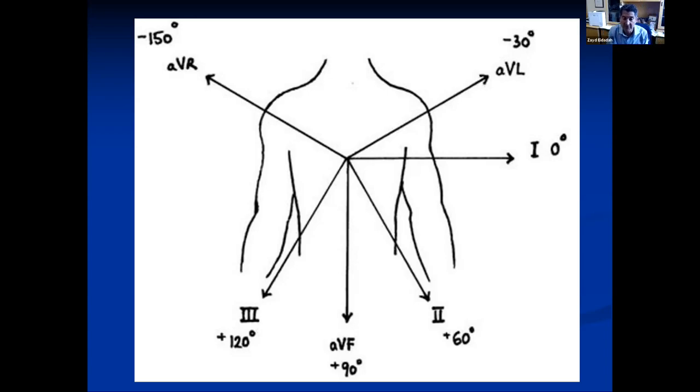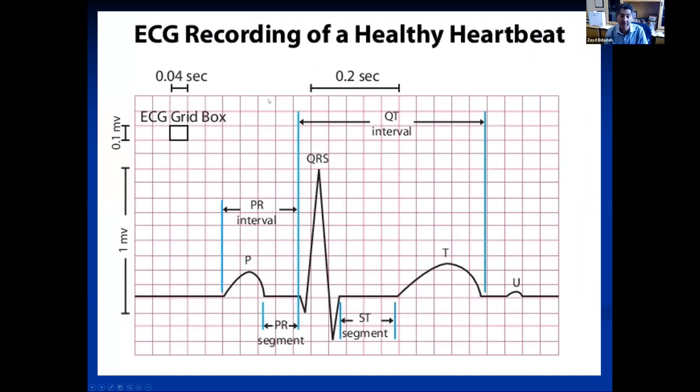And when you put all this stuff together, you get the complexes that we see here in a typical normal healthy heartbeat. And a commonly representative view would be something from lead 2, for instance, in which the P wave represents atrial electrical activity globally projected downward toward the inferior leads.